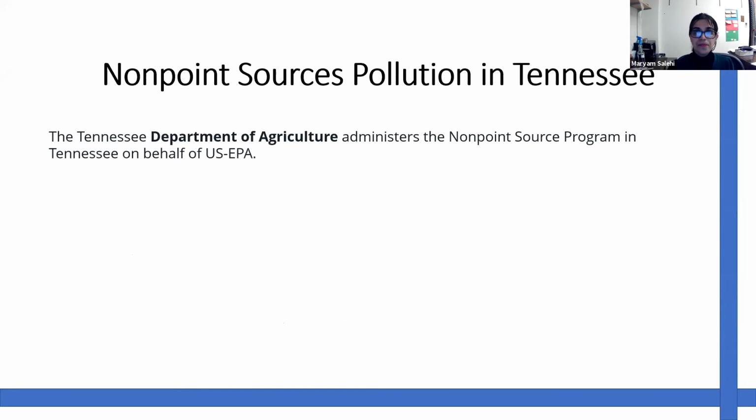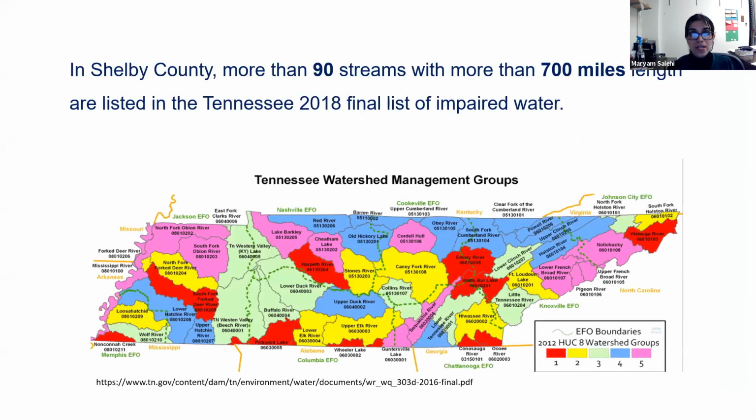Okay, so in Tennessee, we have a significant problem with non-point source pollution. The Tennessee Department of Agriculture administers the non-point source program in Tennessee. For example, in Shelby County, we have more than 90 streams, more than 700 miles, that are listed as impaired water.